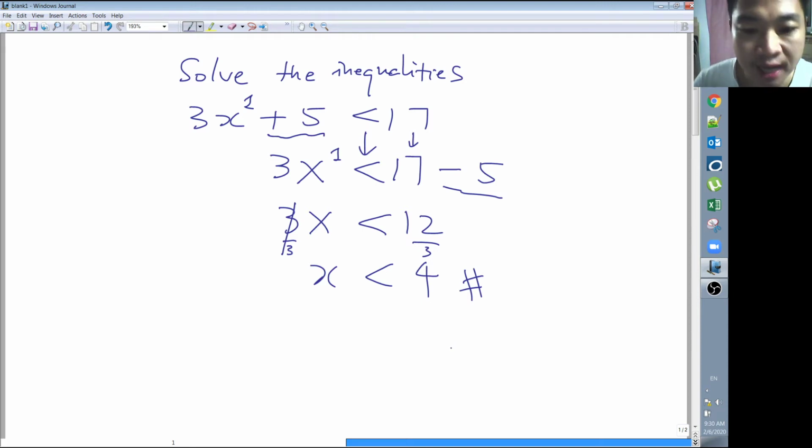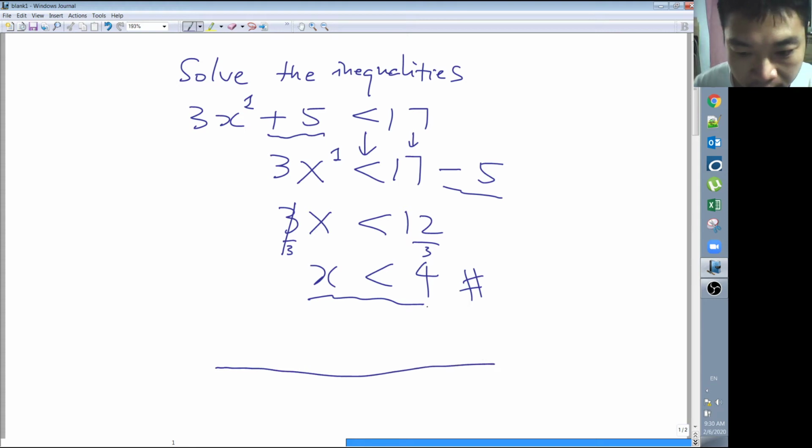With this answer, the second thing I would like to talk about is how you can represent x smaller than 4 on a number axis. Let me draw a number axis first. I'm sorry, it's not so straight, so let me draw a straighter one.